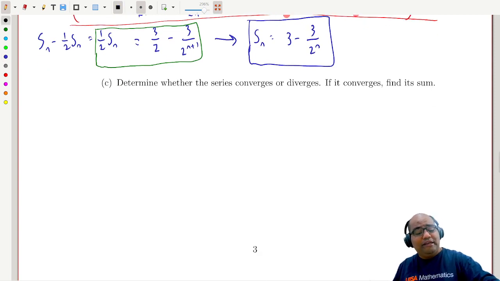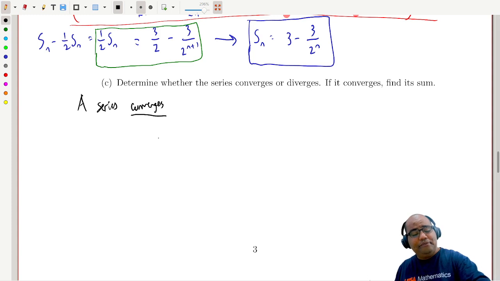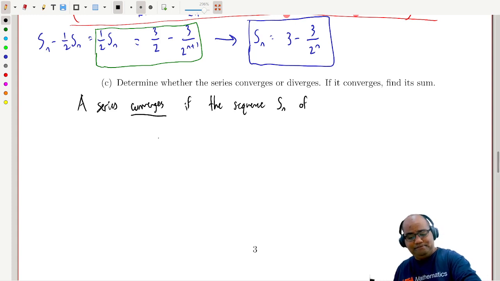So remember, okay, a series converges, okay, that's our defining word here, if the sequence Sn of partial sums converges.